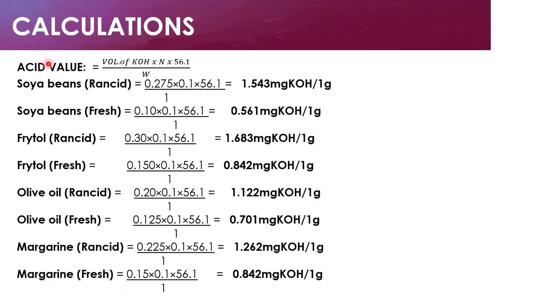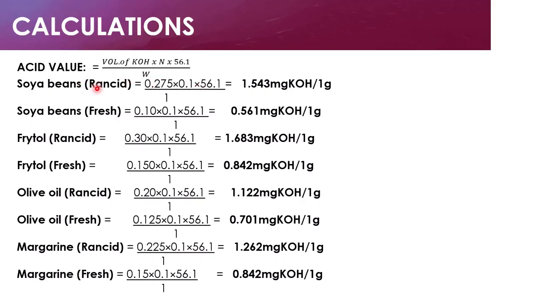The acid value equation, as explained earlier, is given as this. We are now going to substitute our titer volumes into the equation to be able to calculate the acid value for each of the lipids.